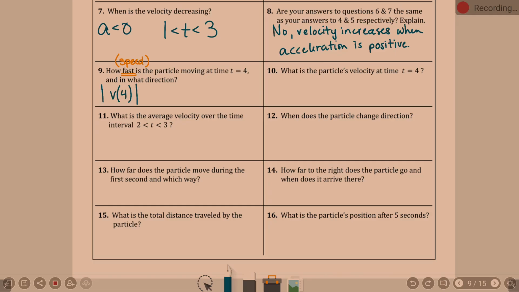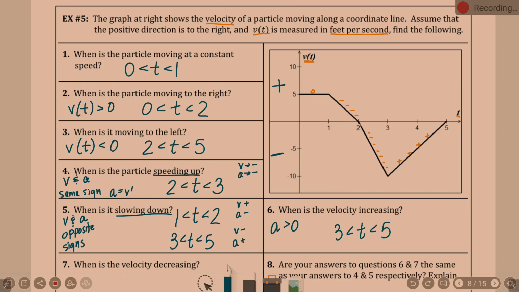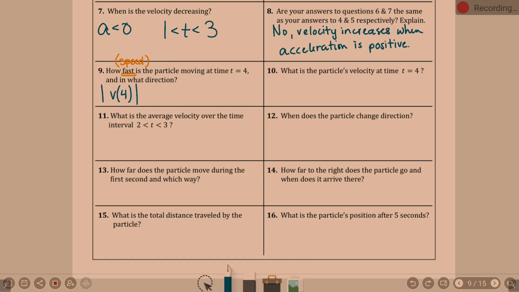And realize this is a velocity graph, yes? So velocity at time 4 is just looking approximately right there. Okay, and that's at -5, but the absolute value of -5 is 5. For whatever reason, I don't have the units on most of this paper, I'm realizing.